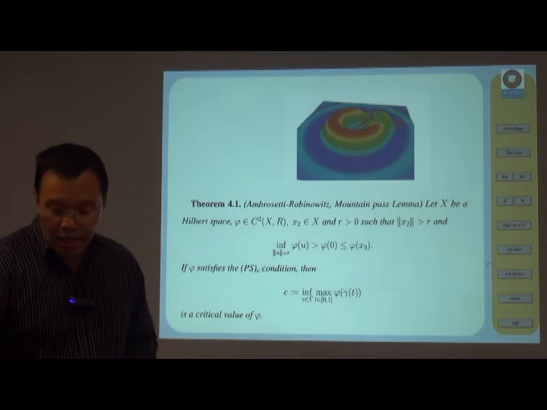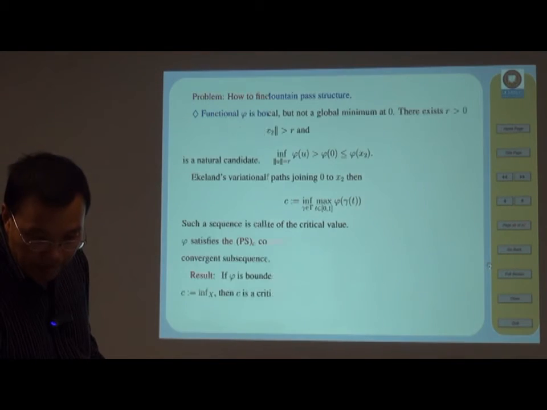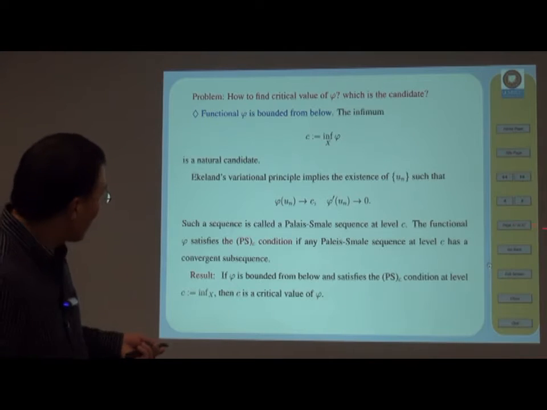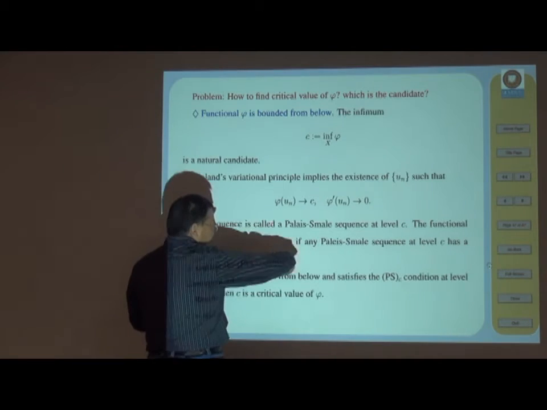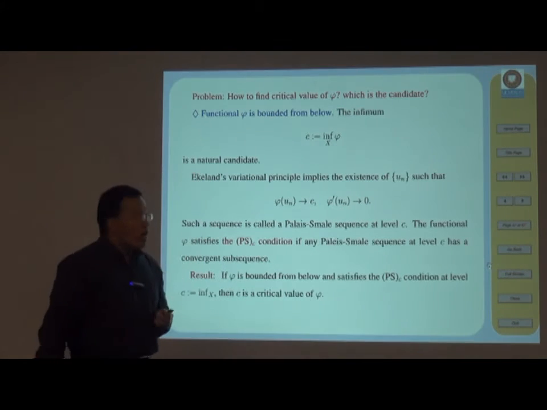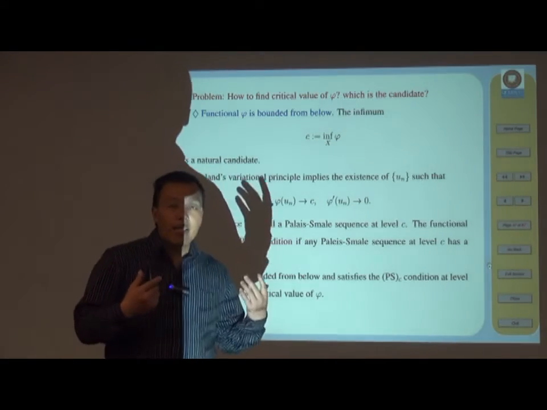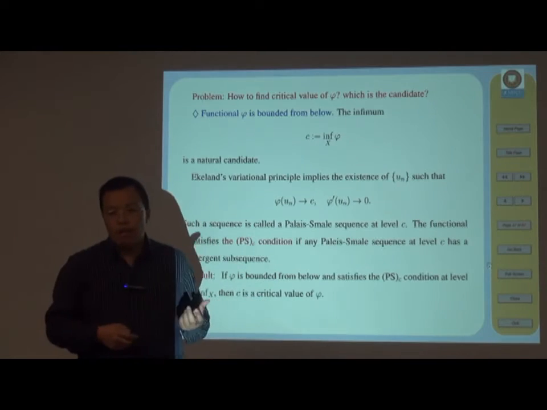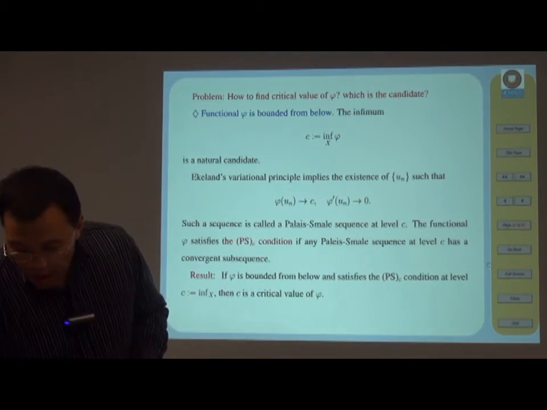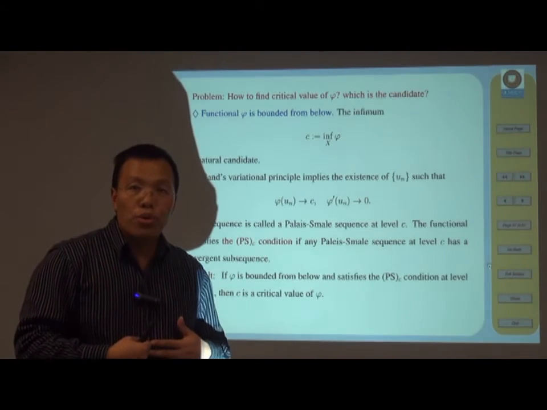You will find that in the first case, the functional phi is bounded from below, and the second case is phi has the mountain path structure. Now, this is very visualized and acceptable to us.